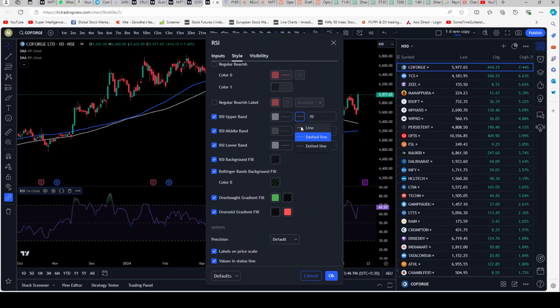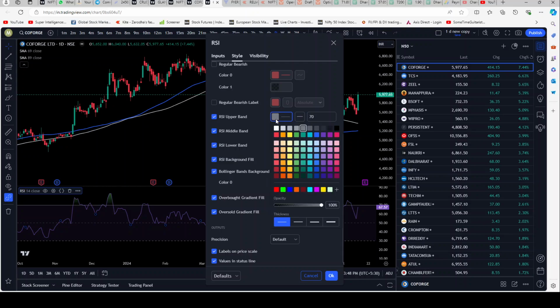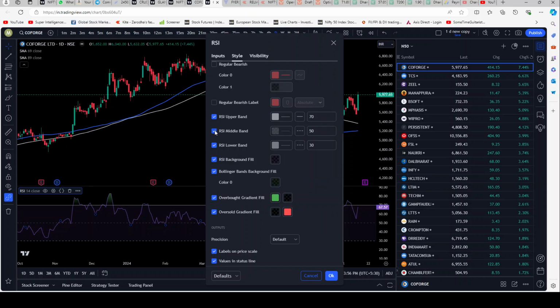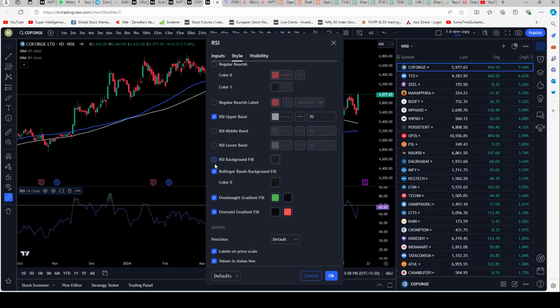I will make this band white. Okay, I'll make it a little more visible. Maybe that will do. Yeah, that should do. And I don't even need the middle band, lower band. So what are the things? I'm only using the RSI upper band. I will change the value to 60.